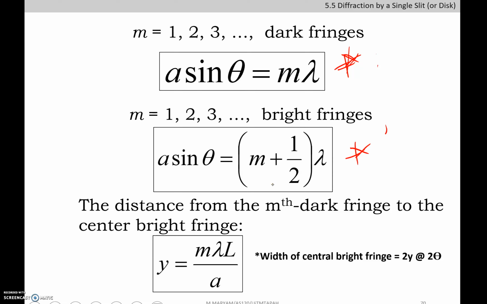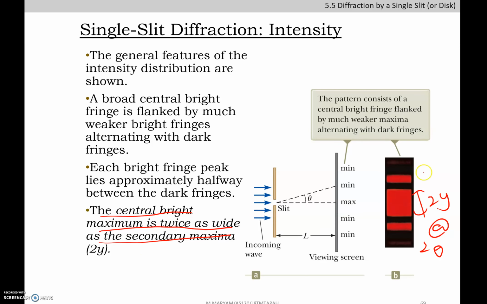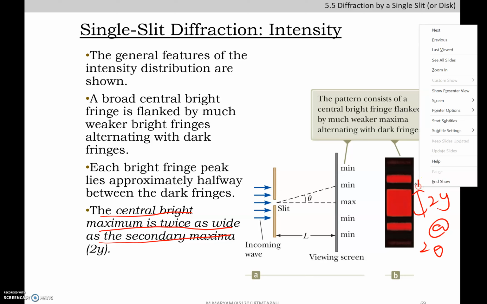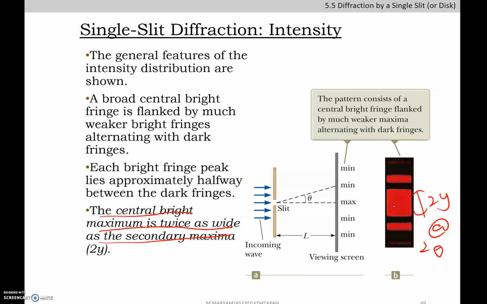Now remember how we calculated the distance between fringes for interference. We wrote it as x, but for diffraction, let's write the symbol as y. So the distance between the fringes will be y. If I want to find the distance from the center maxima to the first maxima, this will be my y, and so on.